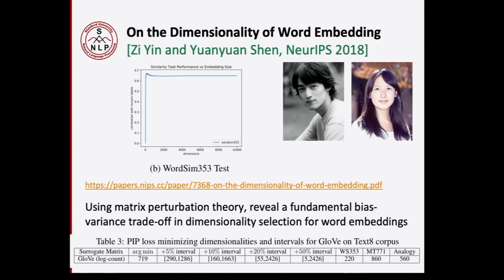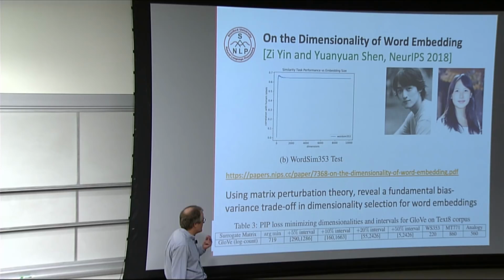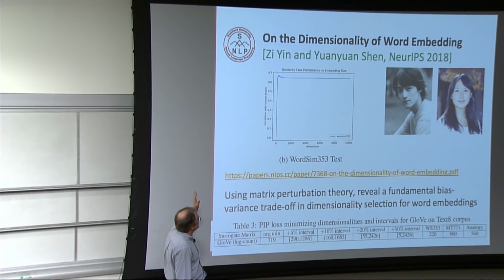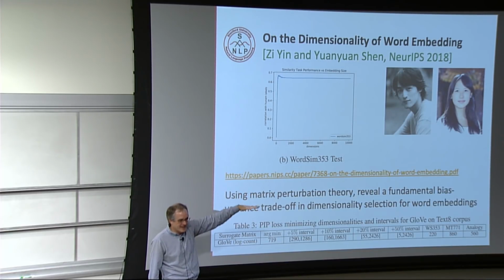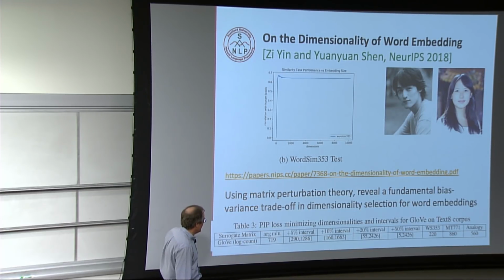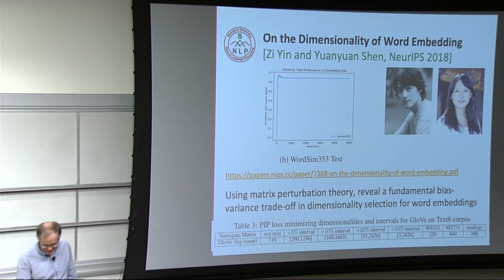Surely things should just fall apart because you've got hopelessly many parameters relative to the amount of training data that you're trying to estimate these numbers from. And so the interesting result that they show is that things don't fall apart and that you can go out to these huge dimensionalities and the performance stays flat, and that they've got a lot of theory for predicting why that's going to be the case.